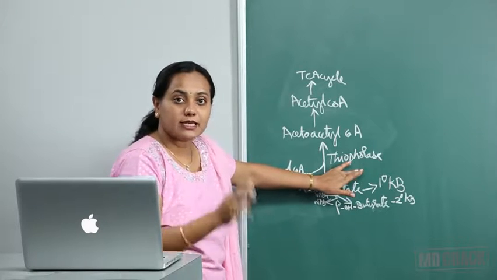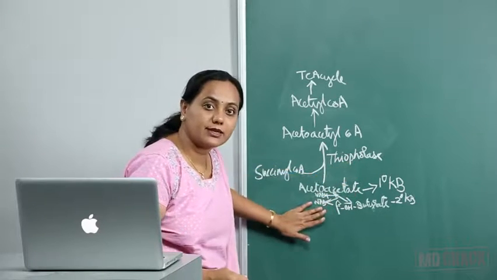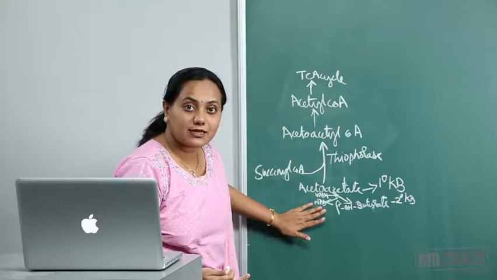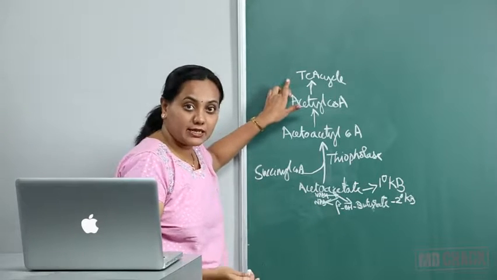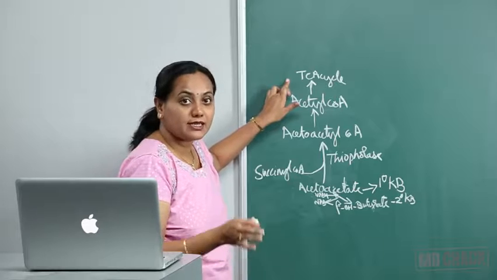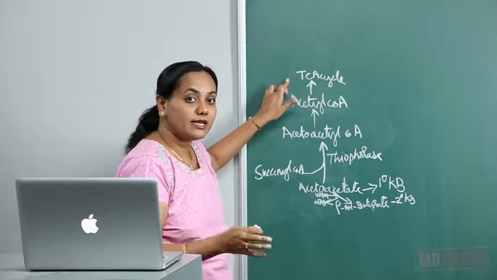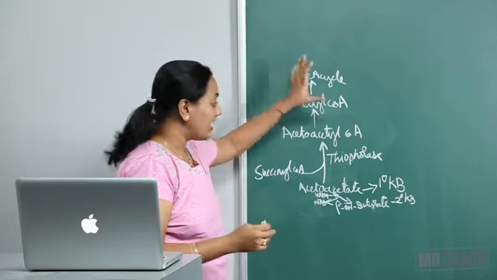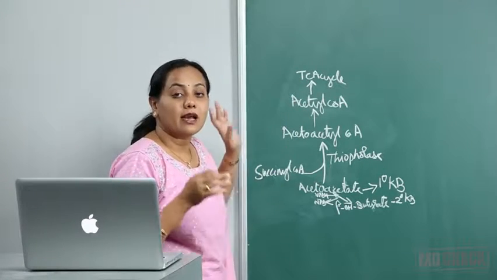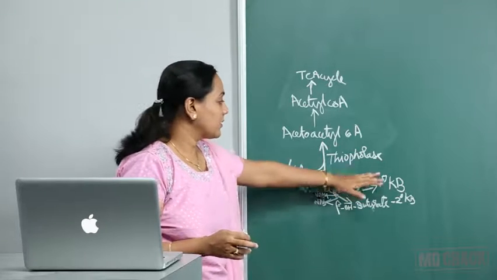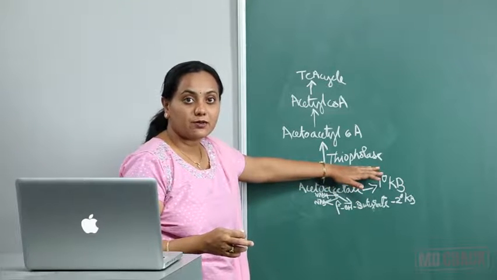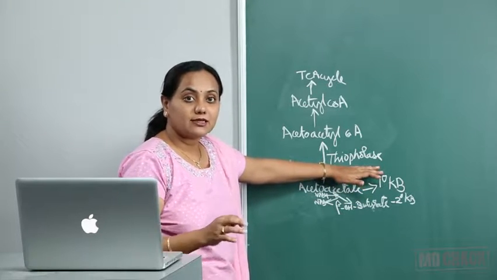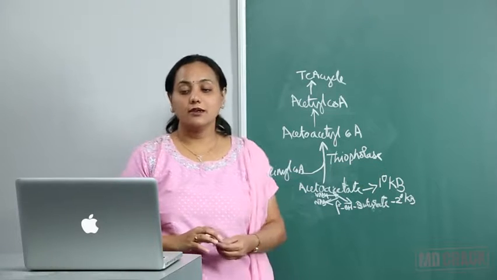It doesn't make sense for the liver to synthesize ketone bodies and utilize them by a mechanism which is not happening. The TCA cycle is hampered in the liver. Why? Because oxaloacetate has been diverted. So in other tissues this can take place, but not in the liver. So the liver cannot utilize ketone bodies. Ketolysis does not take place in the liver.